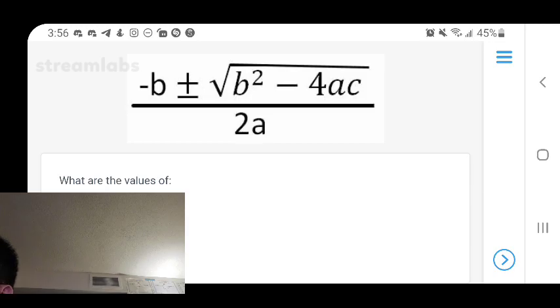Simplify to lowest terms. Now 28 is 4 times 7. That's 2 root 7. Oh, interesting. I see.